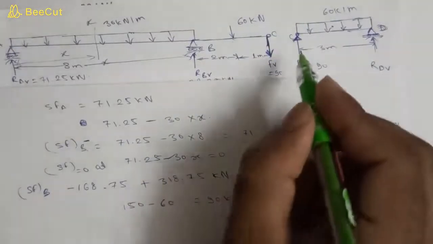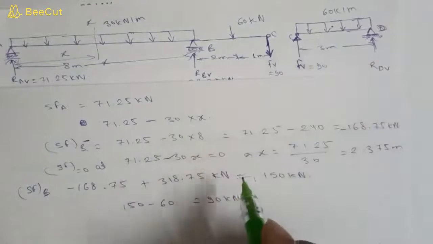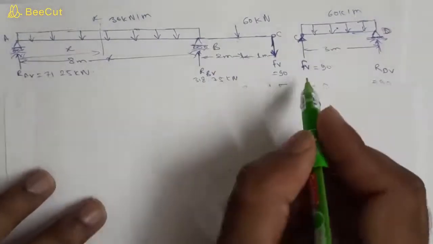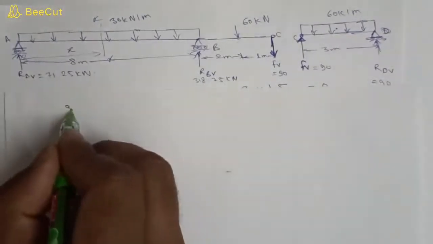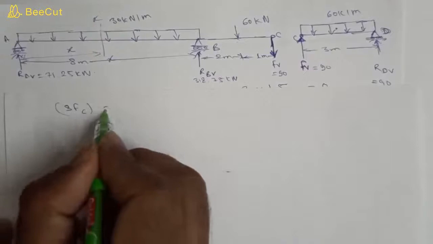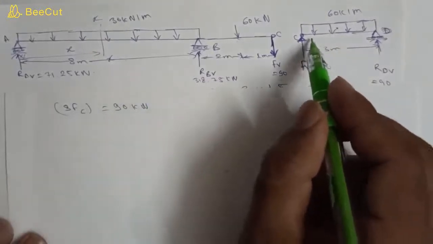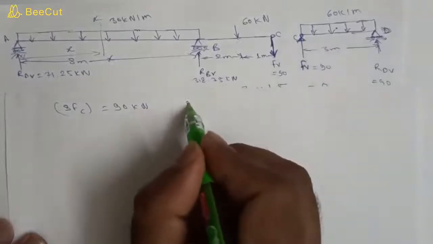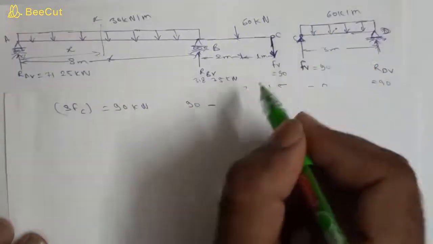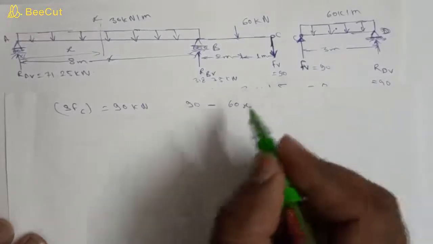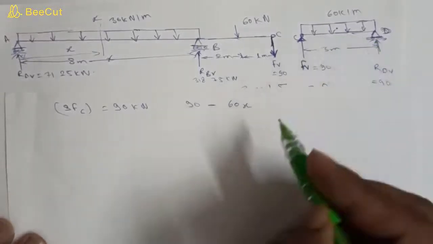Now if we see in section CD, then shear force here is 90 kilonewton. Now shear force between this point C and D will become 90 minus this 60 into x, okay, between C and D because of uniformly distributed load.